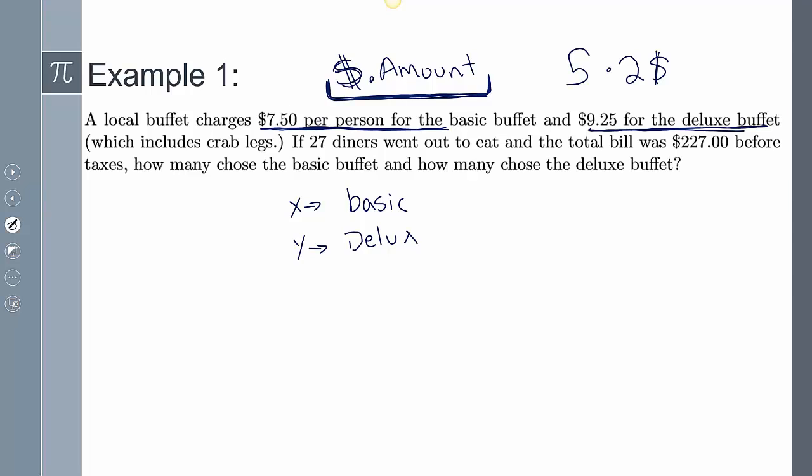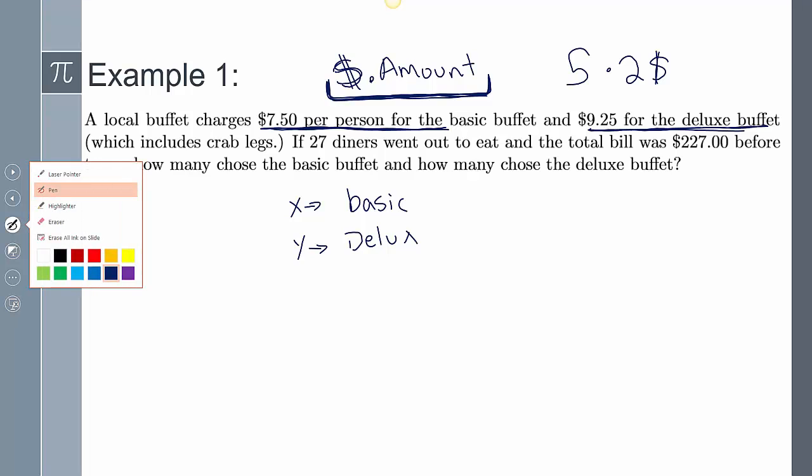Next it says if 27 diners went out to eat and the total bill was $227 before taxes, how many chose the basic buffet and how many chose the deluxe buffet? Okay, so there are two underlying relationships being established. We have one right here.